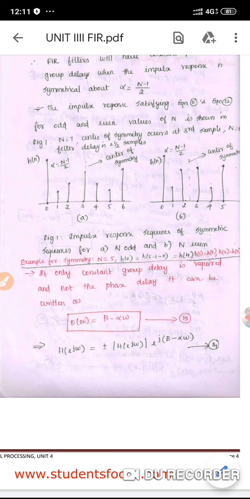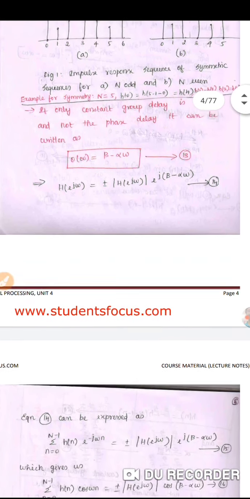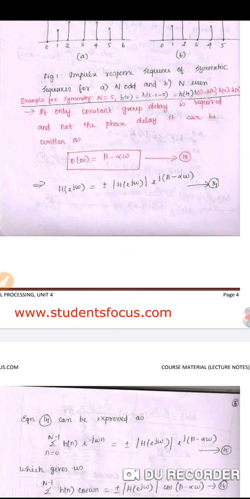So that case we have seen now, and now we see the next case in which only the group delay is constant and the phase delay is not constant. For that, theta of omega is equal to beta minus alpha omega. So here the phase is beta minus alpha omega, which is not linear and it is not constant.